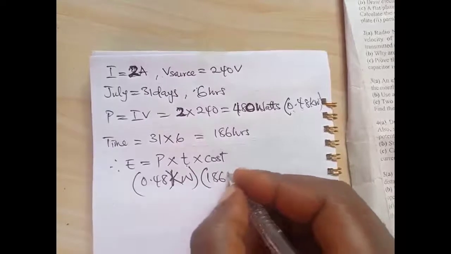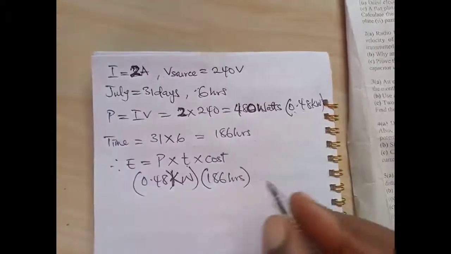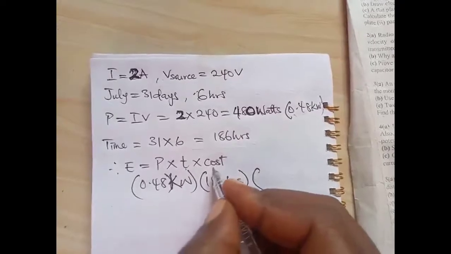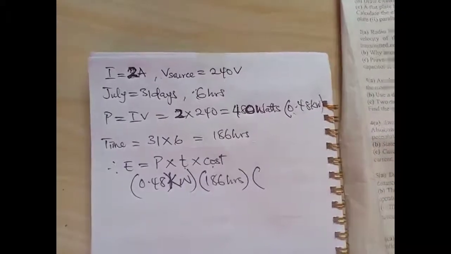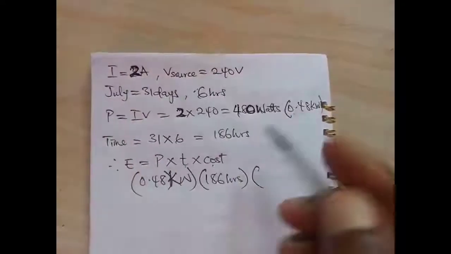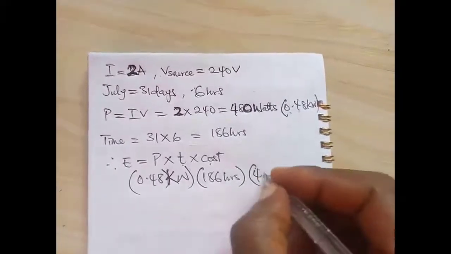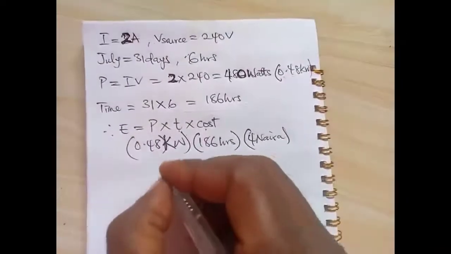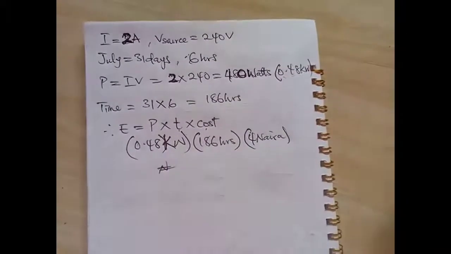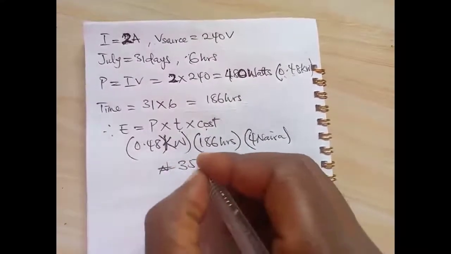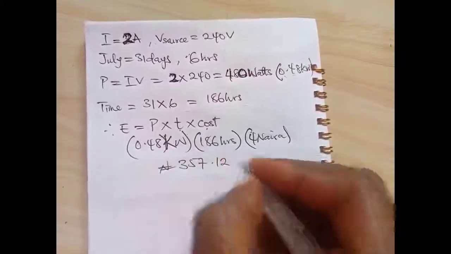Remember, it has to be in hours, not in minutes or seconds. Then the cost of it. The question says that the cost was 4 naira. If we multiply all through, using the calculator, we'll get 357.2 naira.